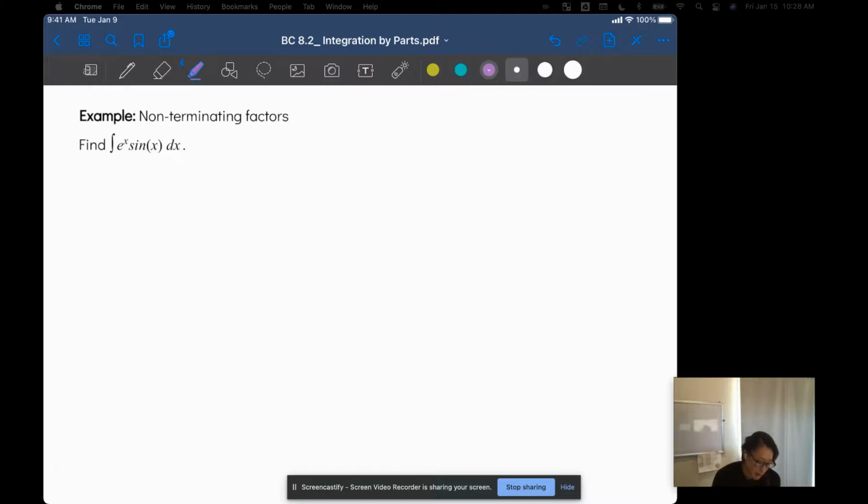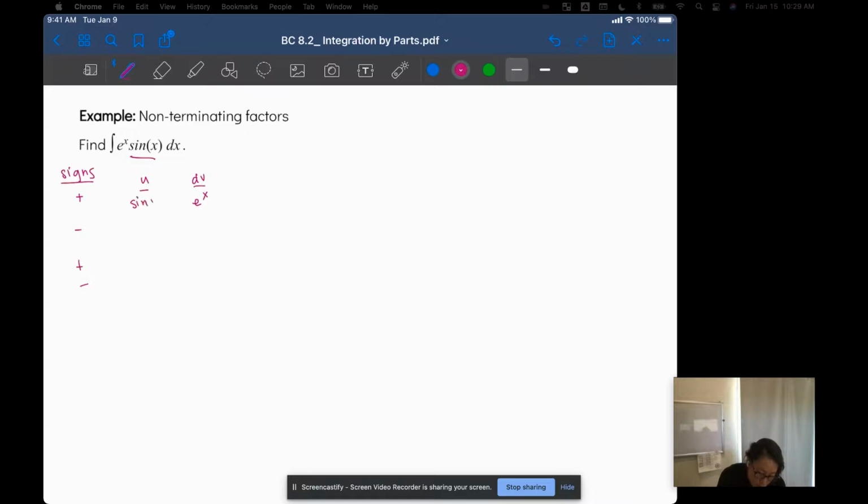non-terminating factors. So what's going to happen here is, let's set this up using the tabular method. So we have the signs plus, minus, and I'm going to set up sine of x as u, and dv is equal to e to the x.